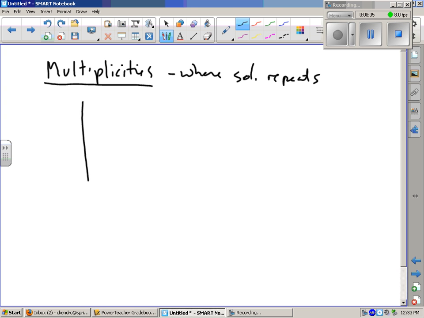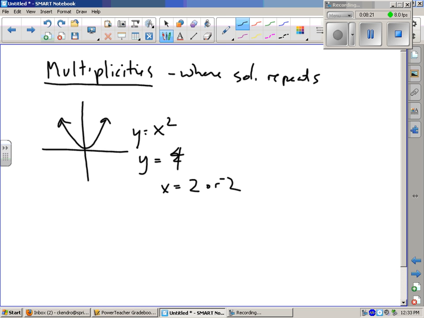For example, if I have a quadratic, y equals x squared, if y is, we'll say, 4, then x can be 2 or -2. So we have a repeated number sometimes. If y is 4, there's actually 2 answers for that.